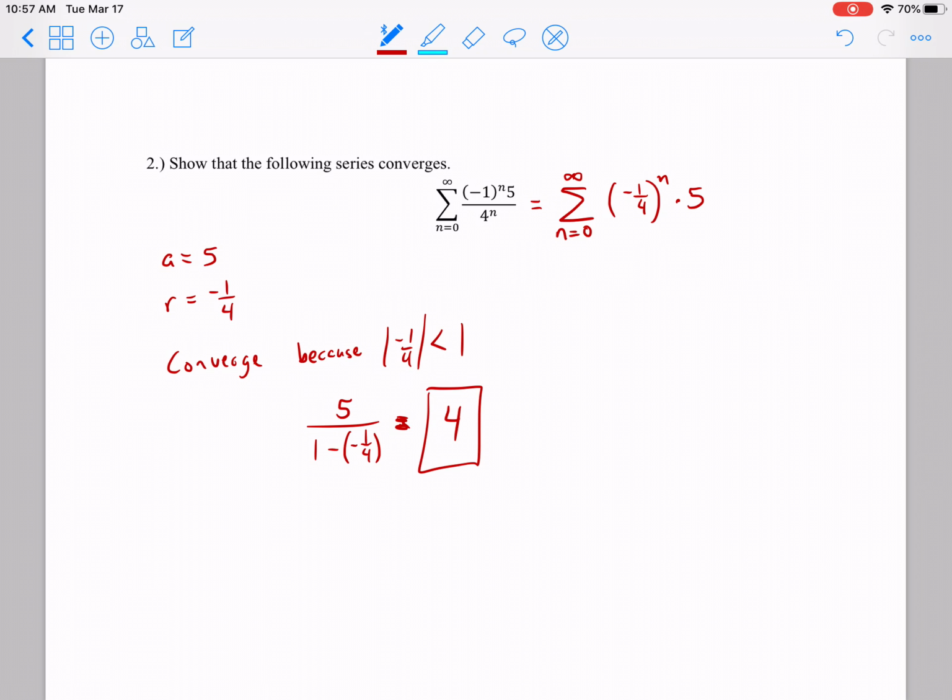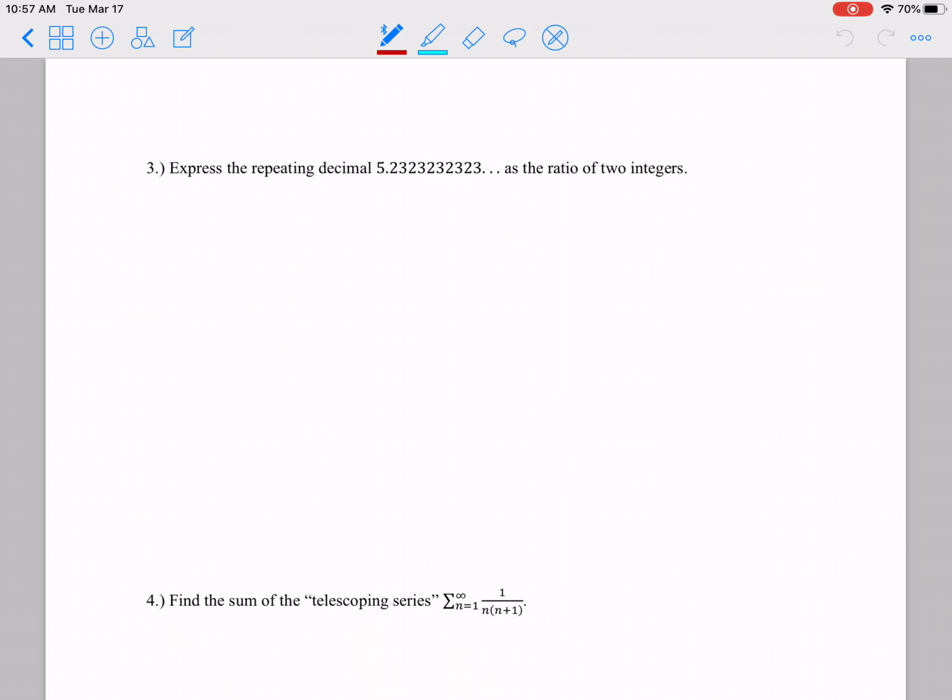All right, let's take a look at our next little example here. And this is to express the repeating decimal 5.232323232323 as the ratio of two integers. So let's start with 5.232323, and so on and so forth.